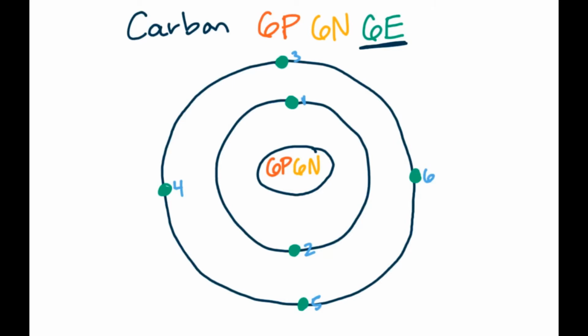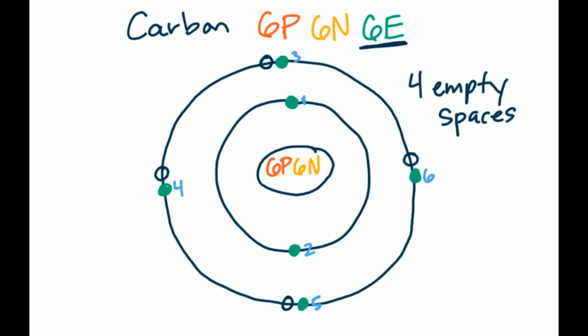Now, if you remember me saying in the previous couple slides, there is space for 8 electrons in this second shell. So you're going to see that there are 4 empty spaces. And it turns out that elements do not want to have empty spaces on their shells. Their preference is to have a full shell of 8.